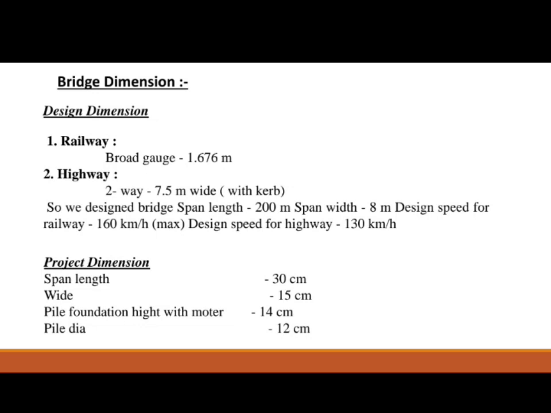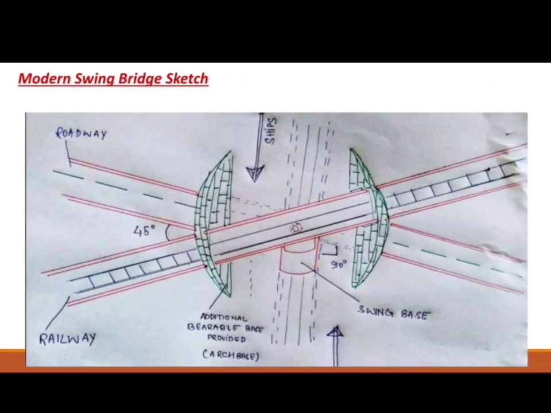So we design bridge span length 200 meter, span width 8 meter, design speed for railway 160 kilometer per hour maximum, and design speed for highway 130 kilometer per hour. Project dimension: span length 30 centimeter, width of the span 15 centimeter, pile foundation with height of mortar 14 centimeter, pile diameter 12 centimeter.